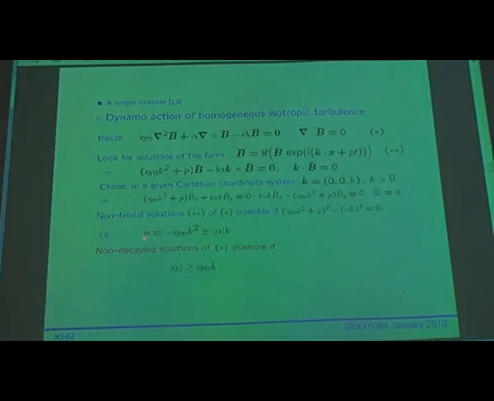If you have no alpha effect, you have decaying solutions, because eta m, look at this, is always positive. But if you have an alpha effect, p could be positive. Non-decaying solutions are possible as soon as you have alpha bigger than eta m times k.